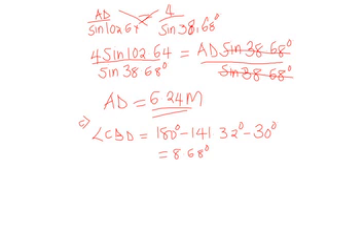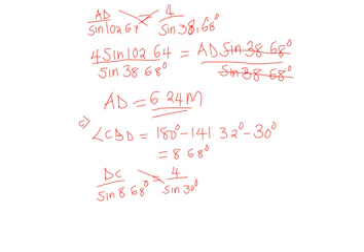So we have DC divided by the sine of 8.68 degrees should be equal to 4 divided by sine of 30 degrees.